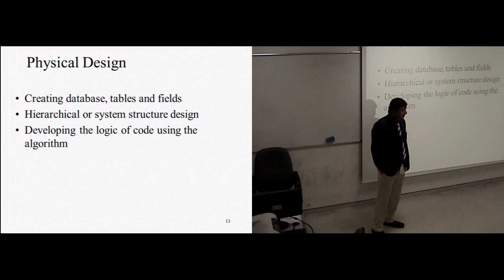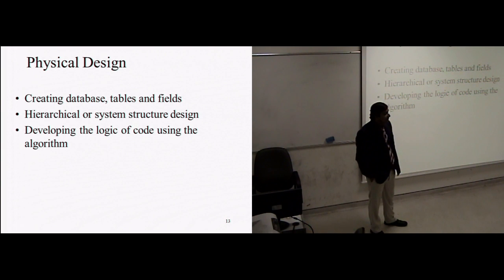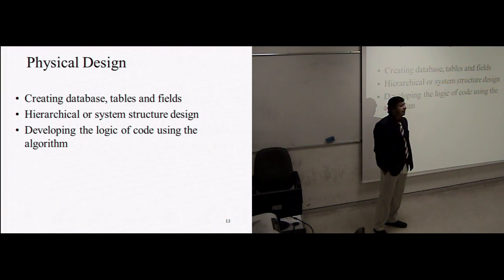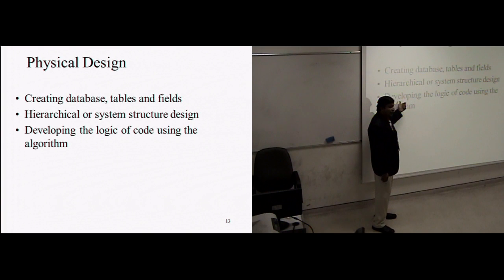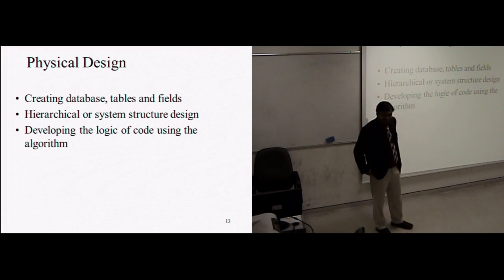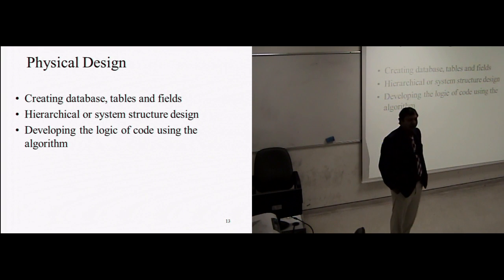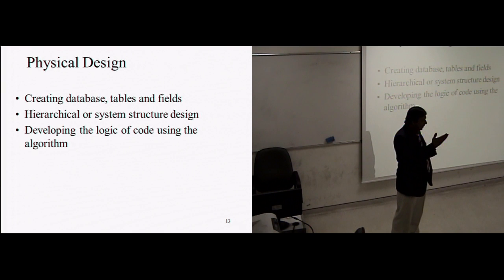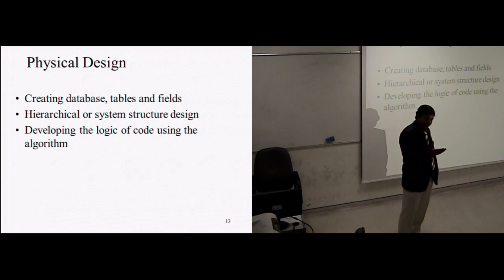We have 5 techniques: pseudocode, flowchart, decision table, decision tree, and NS diagram. There are 5 techniques for algorithm design. Flowchart is the most widely used technique. You already finished the flowcharts?